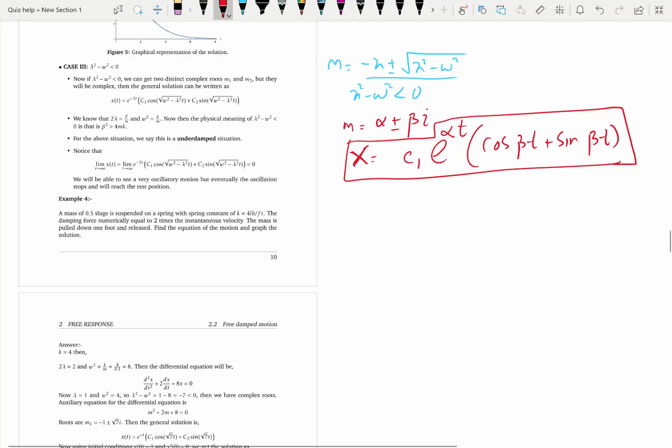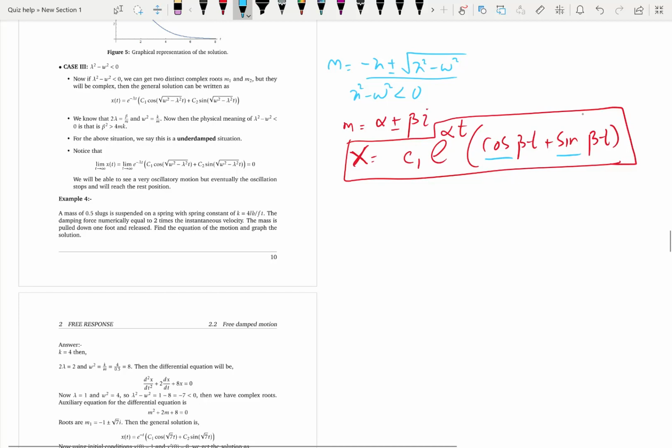Sine, cosine functions, right? Like sine curves, cosine curves. But here, when you have complex roots, you do have these sine and cosine functions in the solution. So can you see oscillatory behavior when you have complex roots? Of course, yes. You will see a very oscillatory motion.